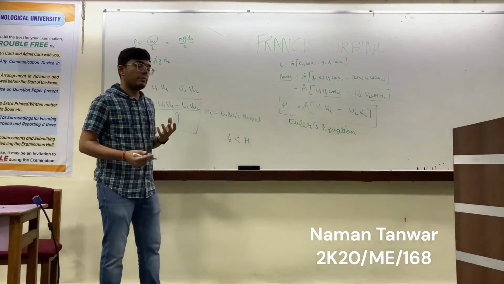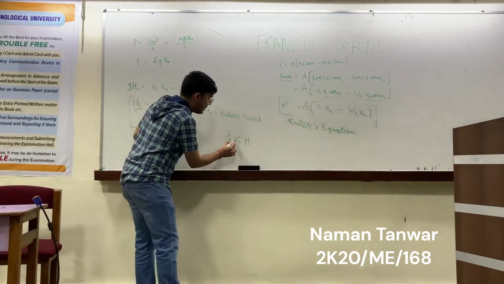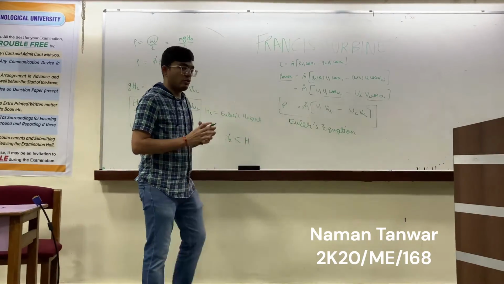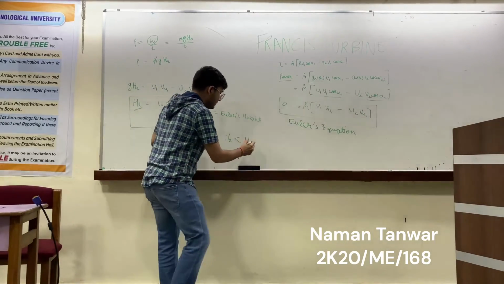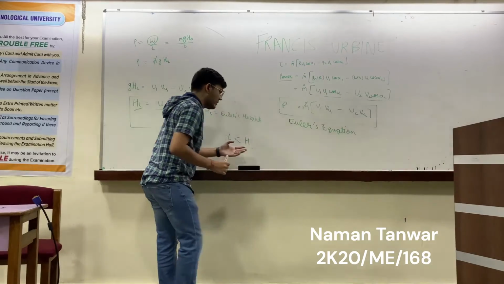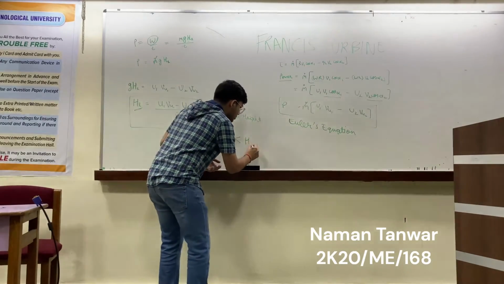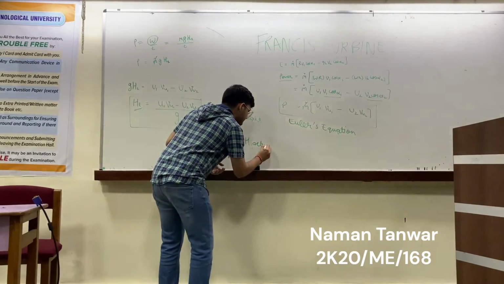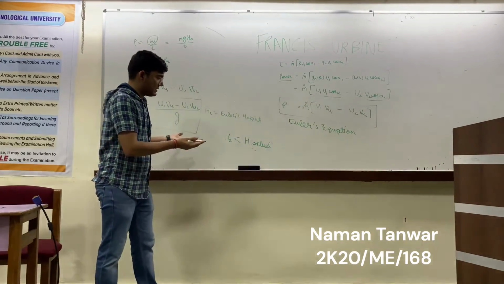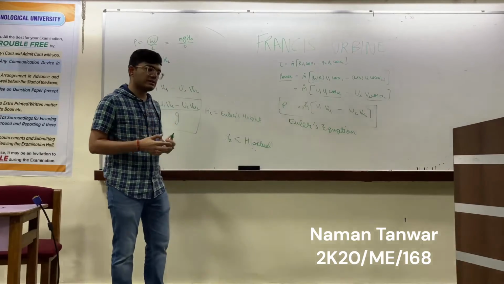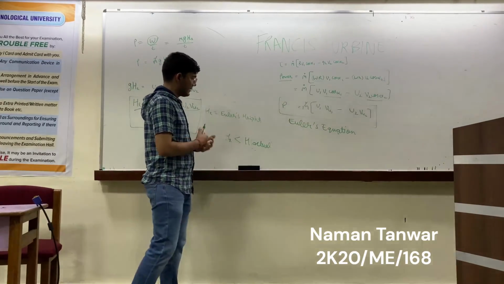If the turbine is really efficient, it could be equal as well, but we have seen no cases of 100% efficiency. So we just call it H, or H actual. And why is it so? Because it's inefficient, because there are many losses which we will be discussing later.